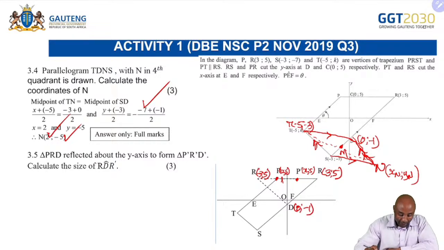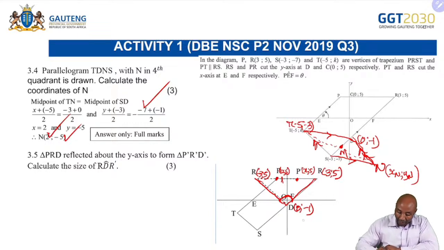We need to find the size of angle R, D, R reflected. So we need the size of this angle here. Now, again, for this question, we can use different methods.